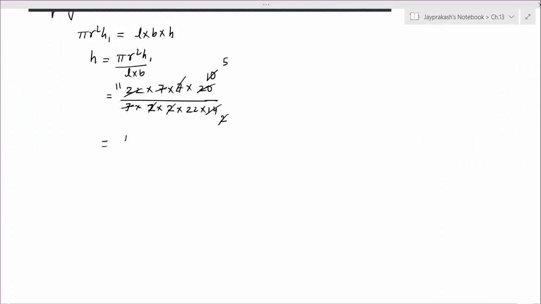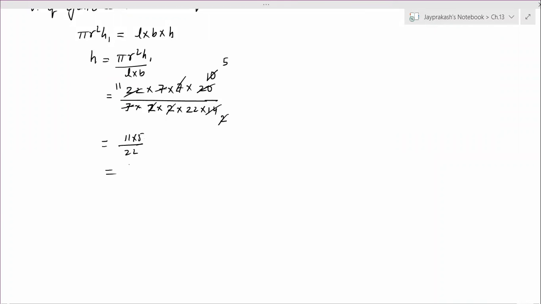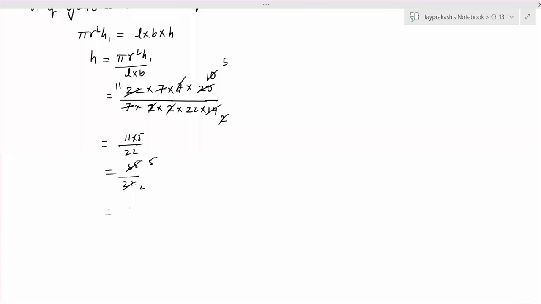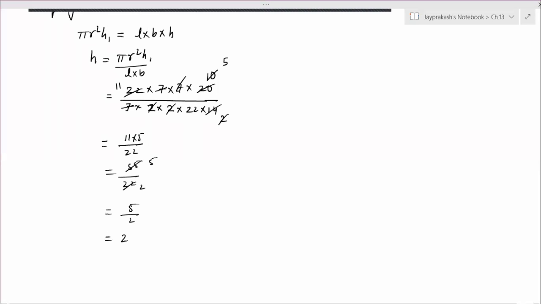So the remaining numbers are 11 into 5 by 22. So it is 55 by 22. 11 5s are 55, 11 2s are 22. So it is 5 by 2, which is 2.5 meter.